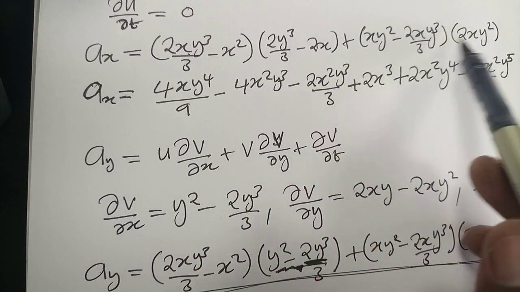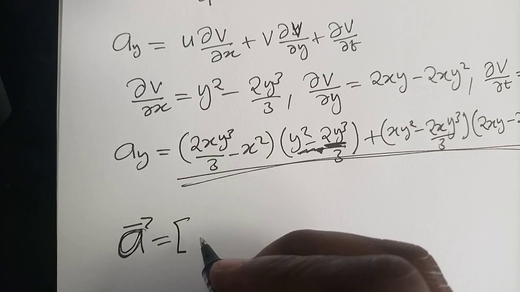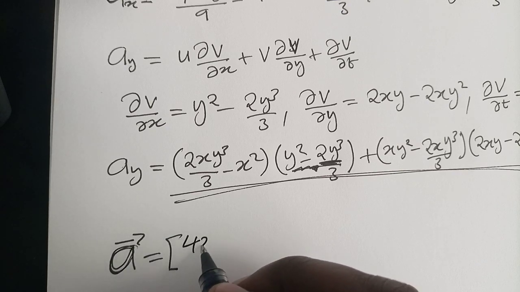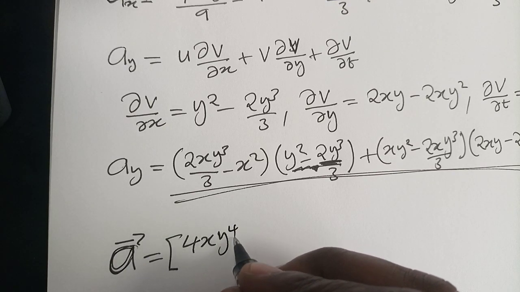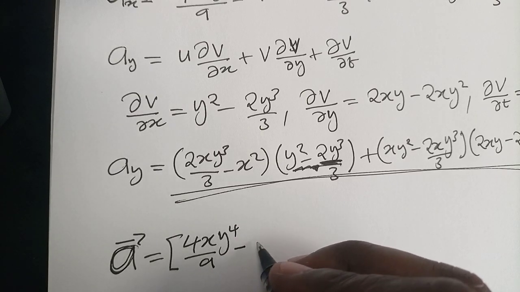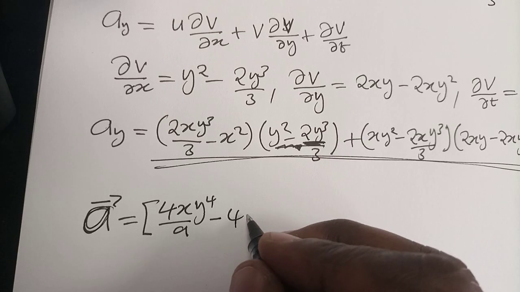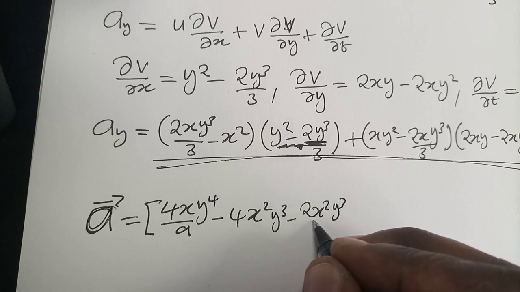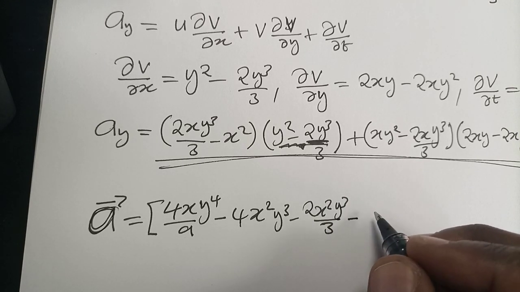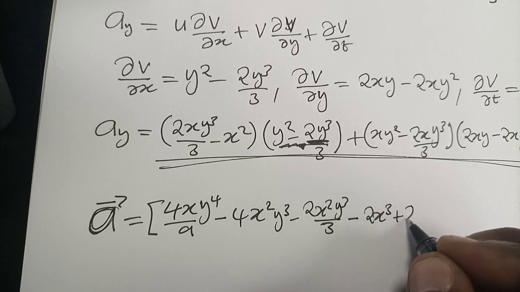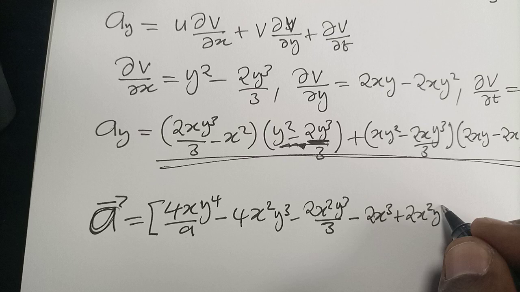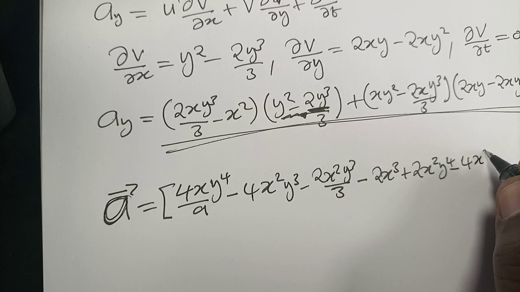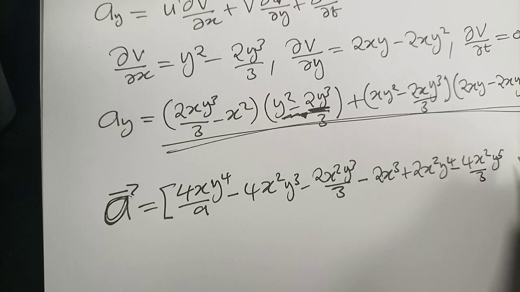I'm just going to write it like this, expanded: 4xy^4 over 9 minus 4x squared y^3 minus 2x squared y^3 over 3 minus 2x cubed plus 2x squared y^4 minus 4x squared y^5 over 3.